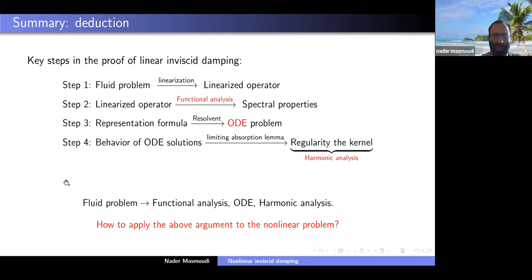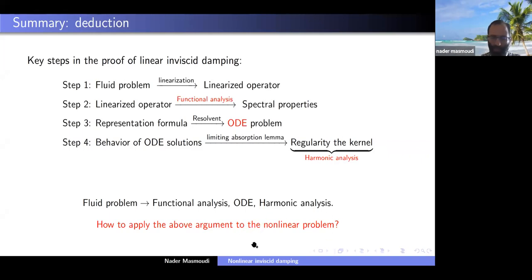Let me mention again here, as of now, the 4 steps I talked about were the linearization, then using spectral property to study the linear operator, then we used some singular ODE to solve for that big psi, and the decay was coming from the regularity of that kernel.